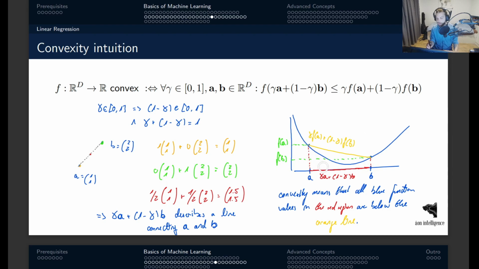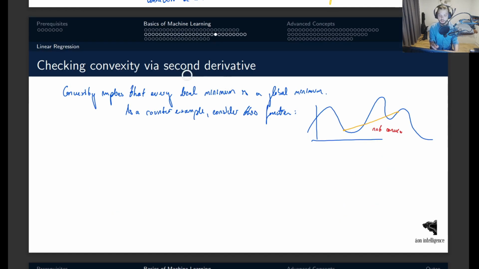So using the color coding of this illustration, we conclude that convexity means that all blue function values in the red region, so these ones here, are below the orange line connecting function values f(a) and f(b). So a really useful property, which is a direct consequence of convexity, is that convexity implies that every local minimum is also a global minimum.